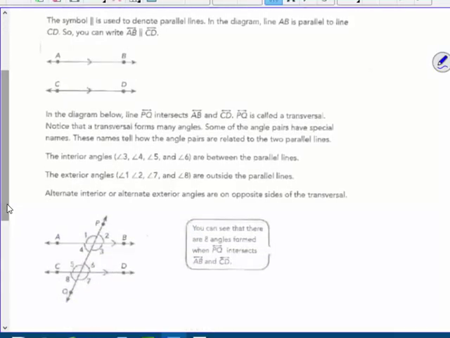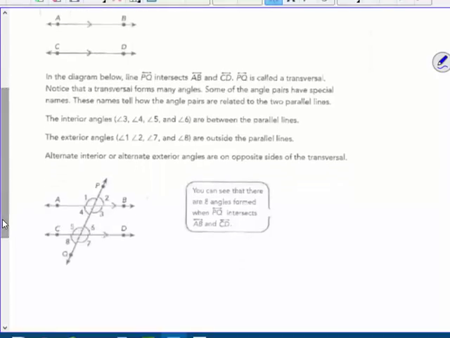Line PQ intersects line AB and line CD. PQ is called a transversal. So line AB and line CD are the parallel lines, and PQ is the one that goes through both of them, called the transversal. Notice that a transversal forms many angles.